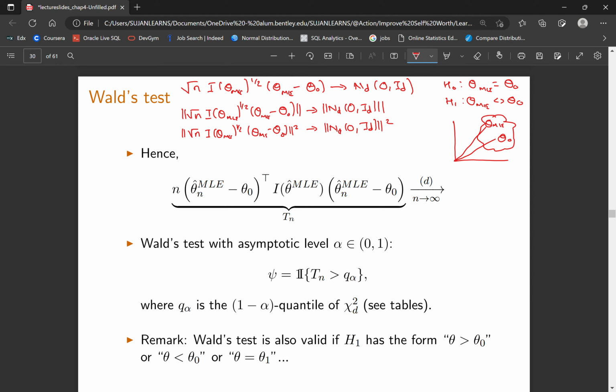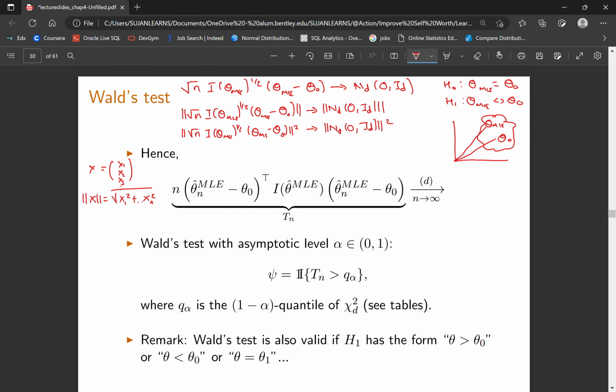If there's a vector x, which is x1, x2, and so on up to xd, then the L2 norm is the square root of x1 square plus up to xd square.